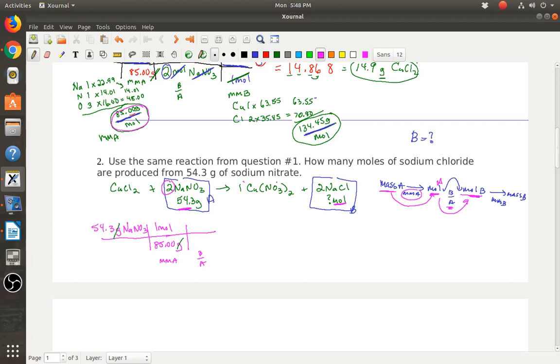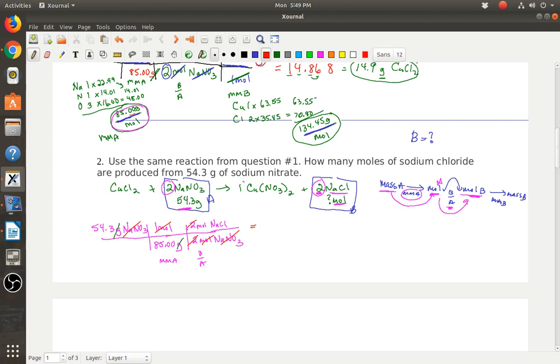So there are 2 and 2, and it's always B over A. So 2 moles of sodium chloride, that's molecule B, and over 2 moles of sodium nitrate, that's molecule A. Yes, you have to write the molecule with the moles. Now cancel out. Sodium nitrate is gone. Moles are gone. That's how I know I went to the right molecule. In this case, the 2's can cancel because 2 divided by 2 is 1.